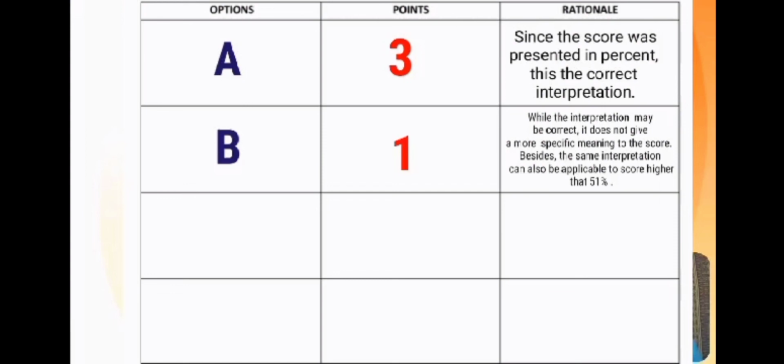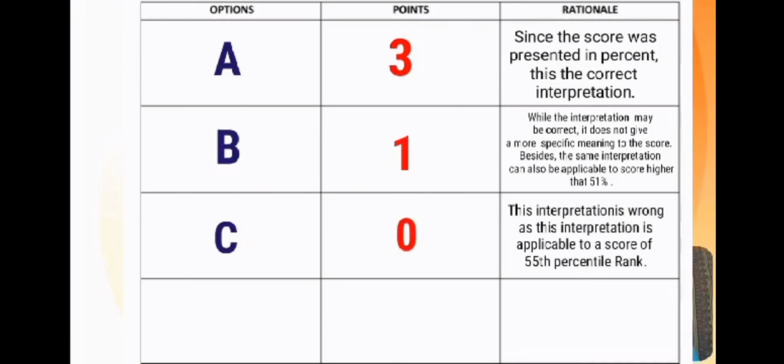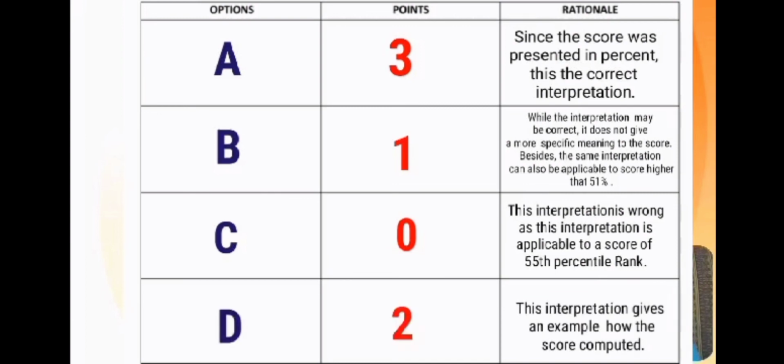Besides, the same interpretation can also be applicable to scores higher than 51%. In option C, we have 0 points. This interpretation is wrong, as it is applicable to a score at the 55th percentile. And in option D, we have 2 points. This interpretation gives an example of how the score was computed. Okay?